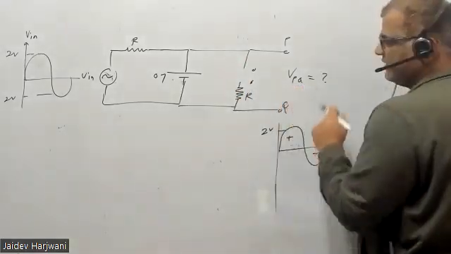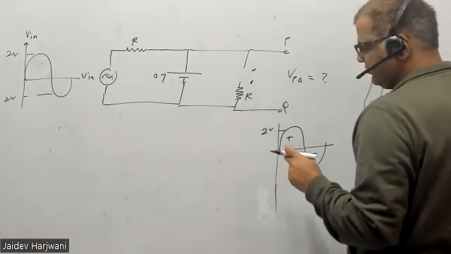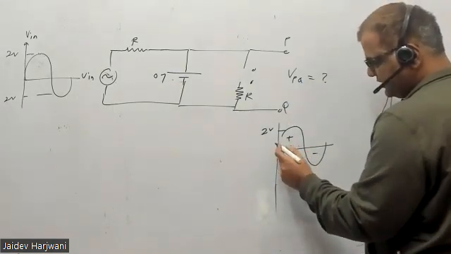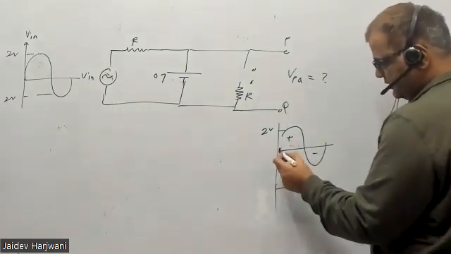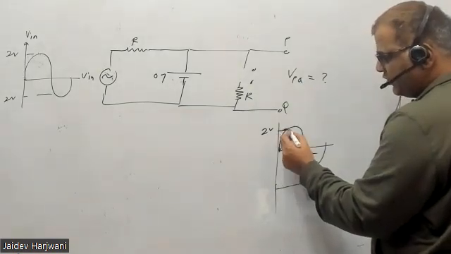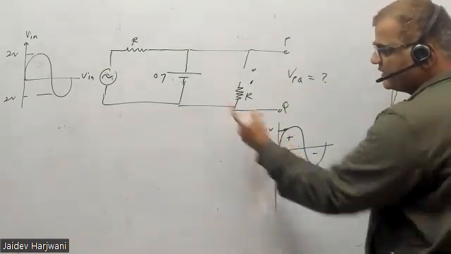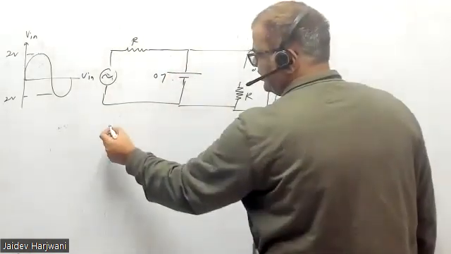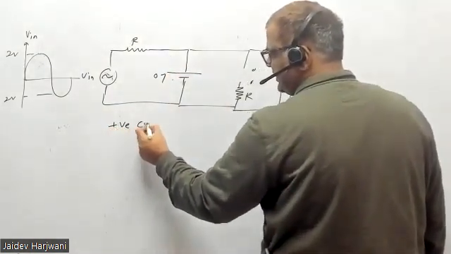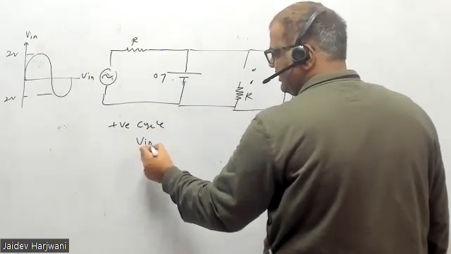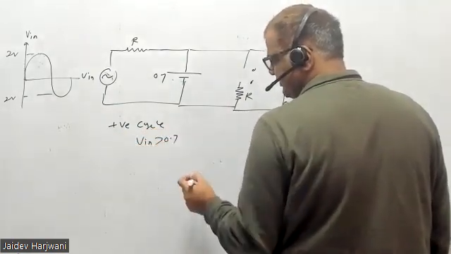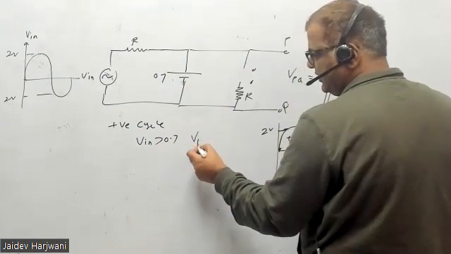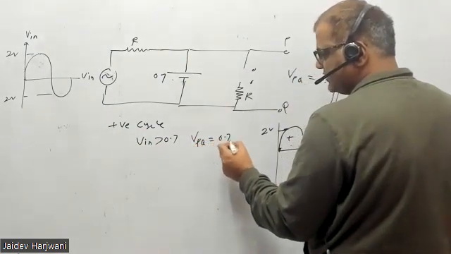So what will your V naught be? You have to check first that before coming to 2 volt, your V input should be greater than 0.7 volt. Then only this will be on. So for the positive cycle, if my V input is greater than 0.7 volt, my V output will be 0.7 volt.